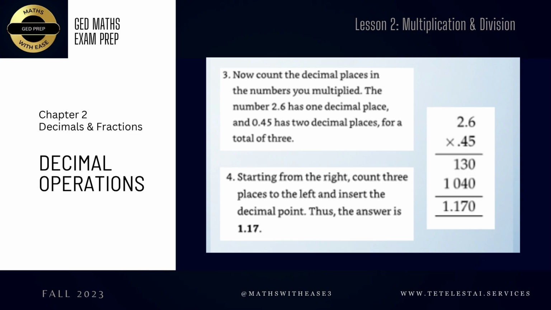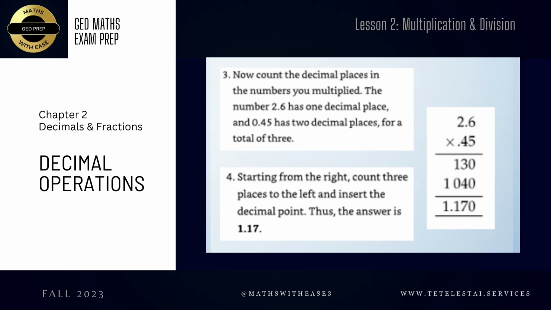So the first steps, you're just going to work, like I said earlier, the same way as you would with whole numbers, right? So 5 times 6 is 30. You write down your 0 and carry the 3 just above the 2. 5 times 2 is 10, plus the 3 that we carried over is 13. So write down 13.